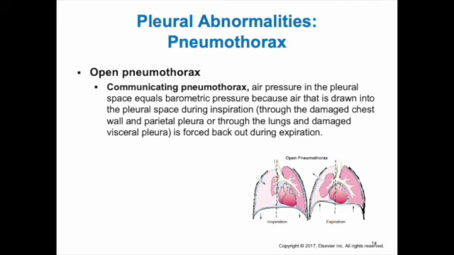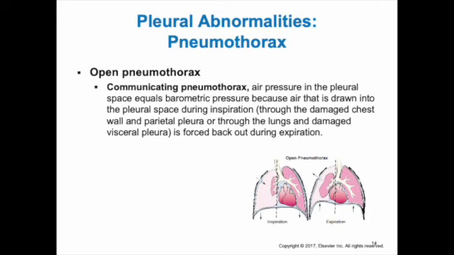An open pneumothorax, sometimes called a communicating pneumothorax, will occur when air pressure in that pleural space equals the barometric pressure, because air that's drawn into the pleural space during inspiration is forced back out during expiration. So it's communicating that area.